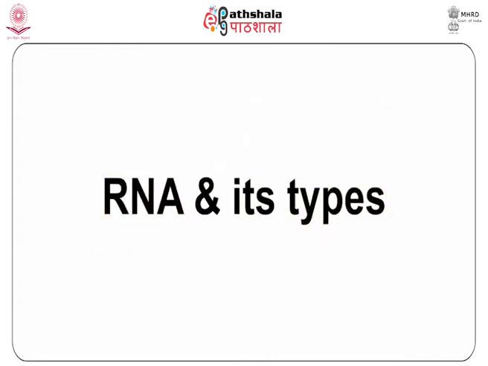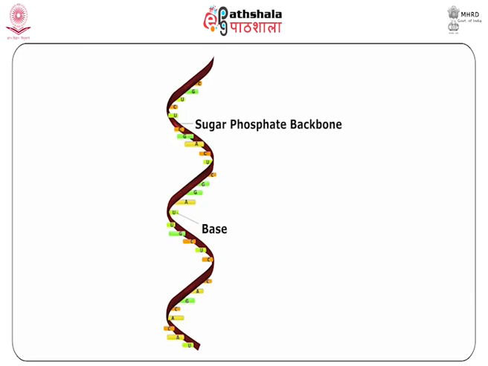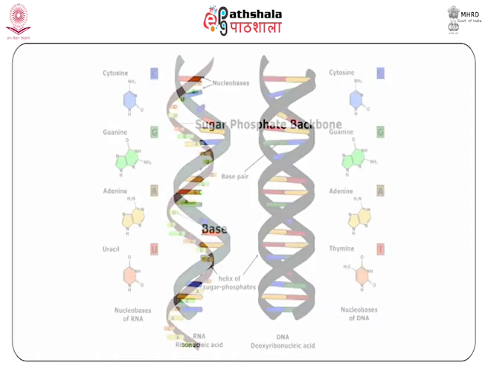RNA and its types. Ribonucleic acid, or RNA, is a polymeric molecule. It is implicated in various biological roles in coding, decoding, regulation, and expression of genes.